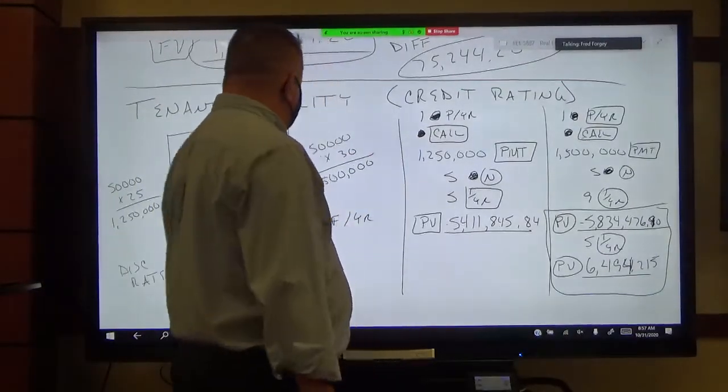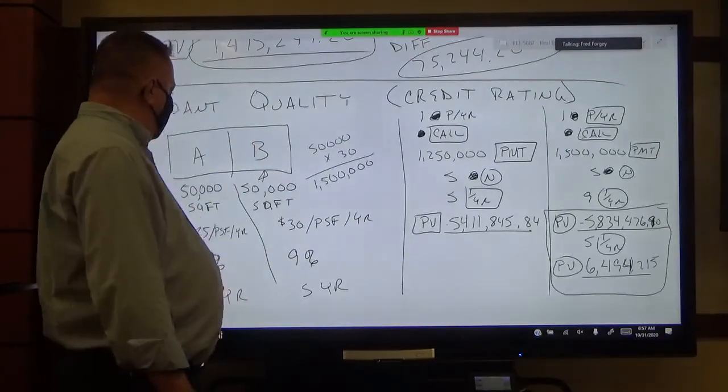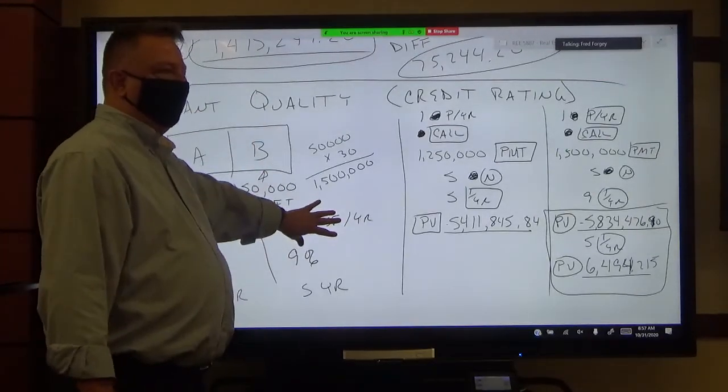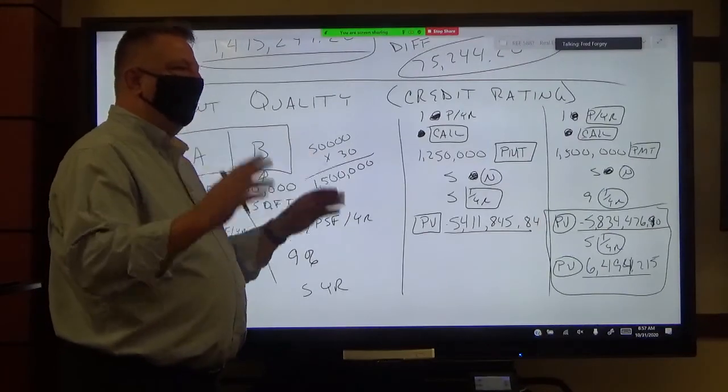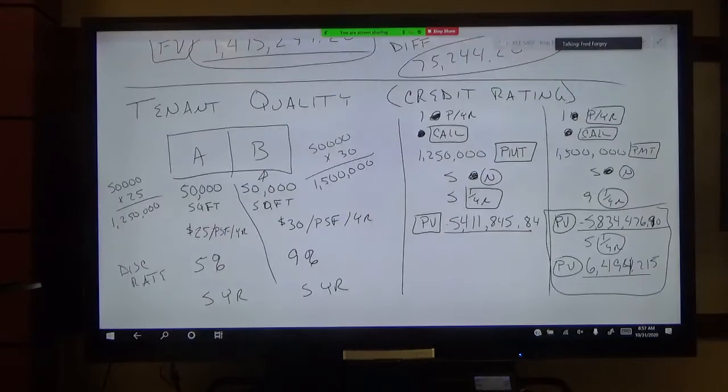Then they basically say, all right, because you've got this extra risk for tenant B, we, as a lender, may charge you a substantially higher interest rate on the loan. Does that make sense?